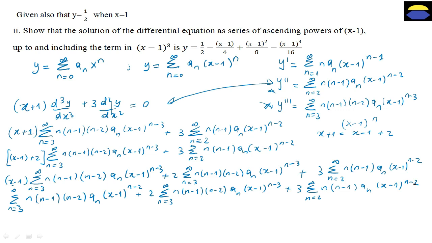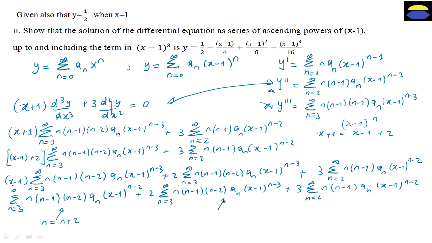Once I've done this, I have to make these powers now to the power n. To be able to do this, I have to substitute n by n plus 2, so that I'll have x minus 1 to the power n for this one.